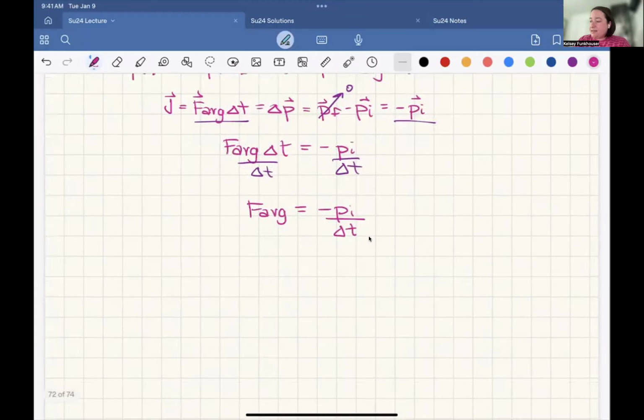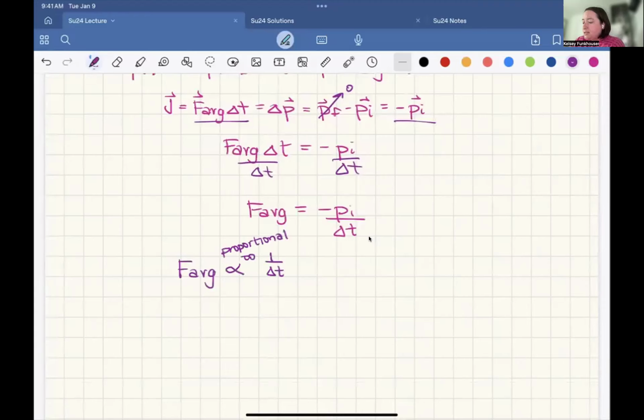But what that tells us is actually that the average force needed to stop anything, but also specifically a car, is proportional to 1 over the time interval.